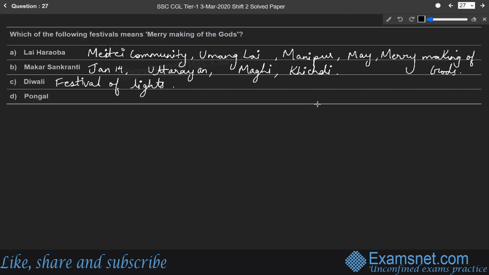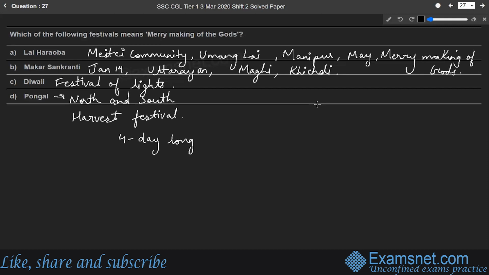Now, Pongal. Pongal is a most popular festival that is celebrated in both North and South. And do you know Makar Sankranti and Pongal are related with each other? This festival is predominantly a harvest festival and it is celebrated throughout India. Pongal is a 4-day festival in which the second day is Makar Sankranti.